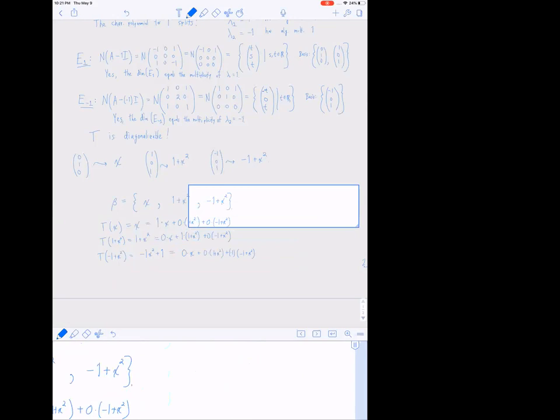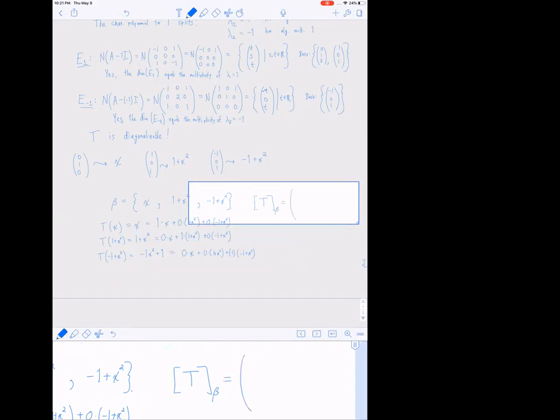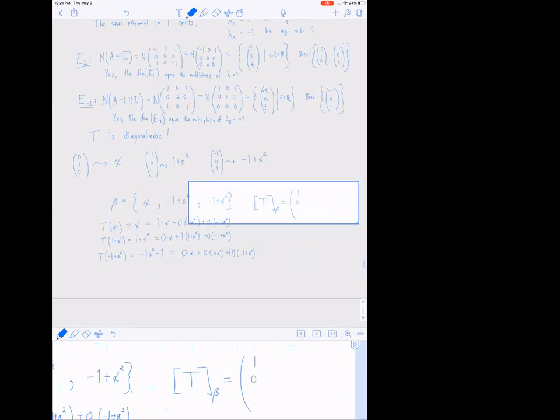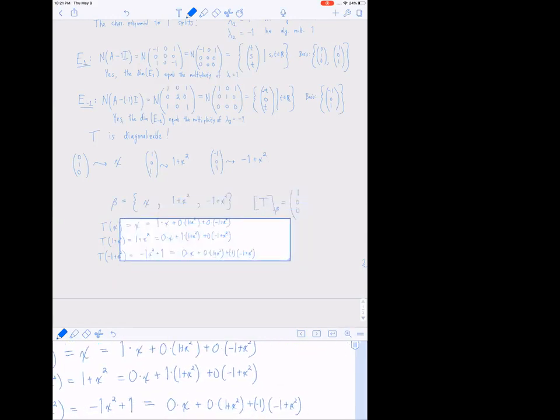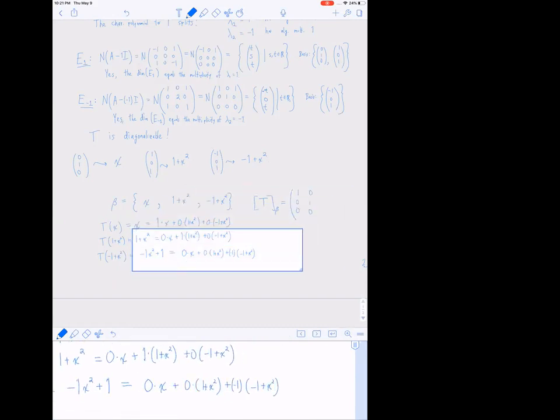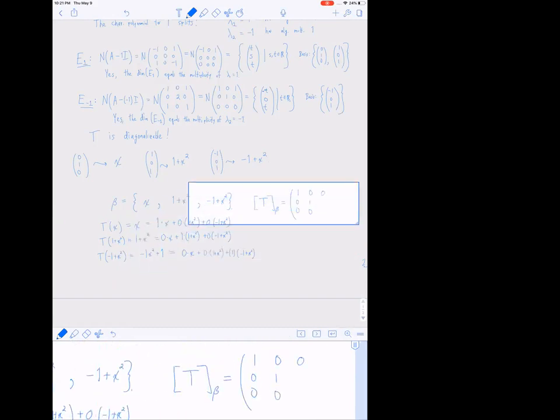So let's go ahead and write this down now. T with respect to our chosen basis beta should be, we said 1, 0, 0 as the first column, 0, 1, 0 as the second column, and 0, 0, minus 1 as the third column.